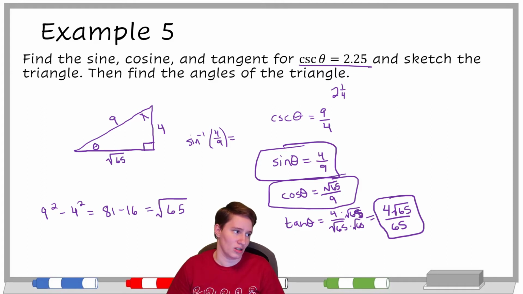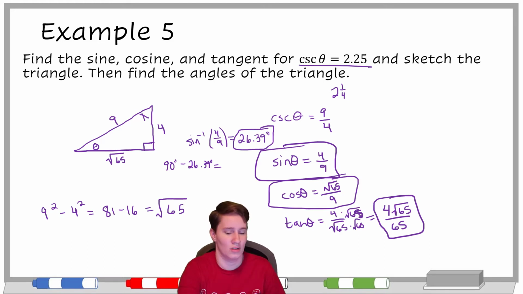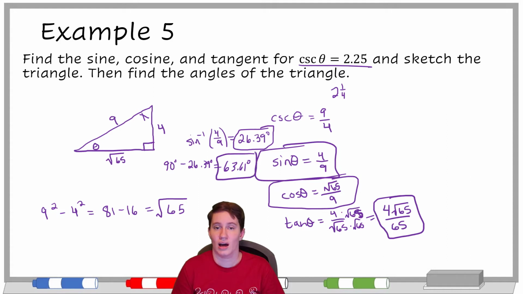Round this to 2 decimal places, so it'd be 26.39 for our first angle, and then for our second angle we'd do 90 minus that and get angle number 2 for our triangle, which would be 63.61. And voila, there we go.